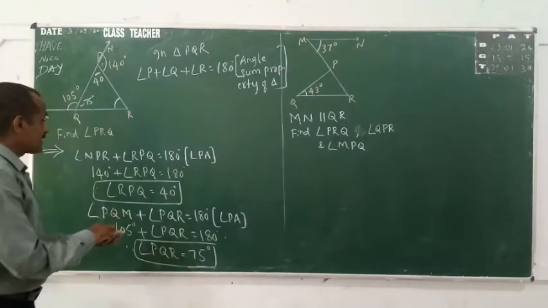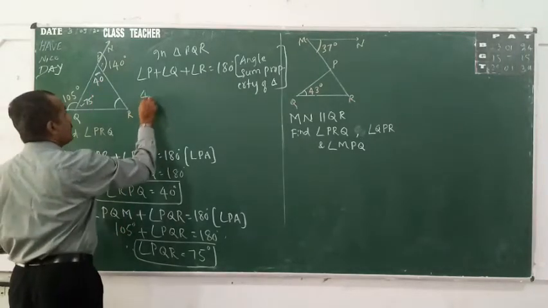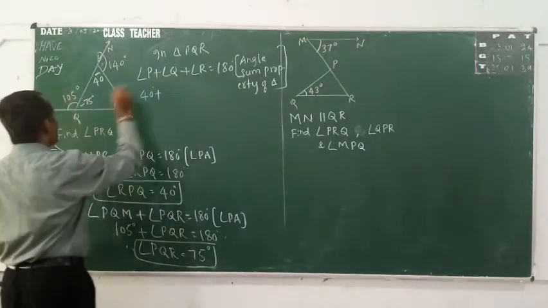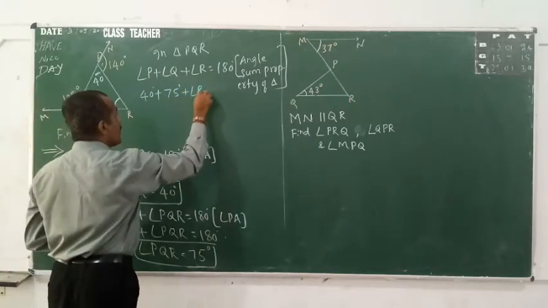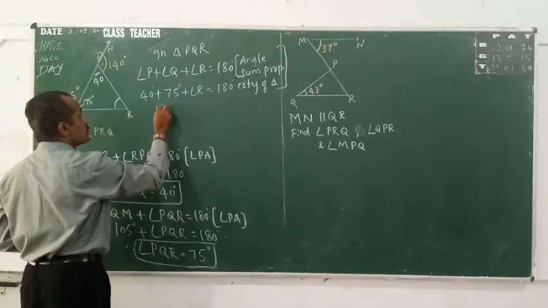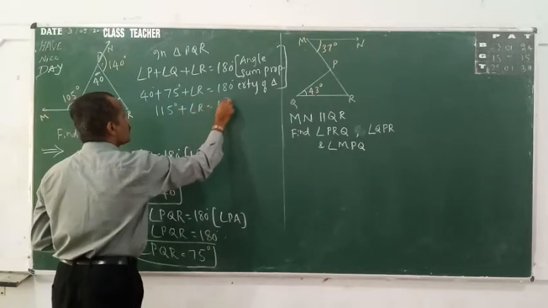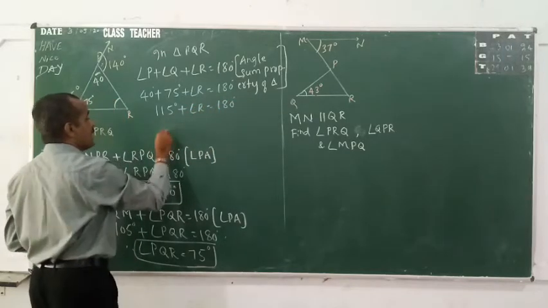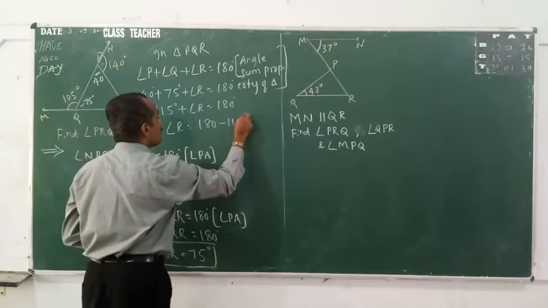Come on. Which are the angles known to you? Angle P 40, angle Q 75 plus angle R is equal to 180. Adding these two gives you 115 plus angle R is equal to 180. Therefore, angle R is equal to 180 minus 115.